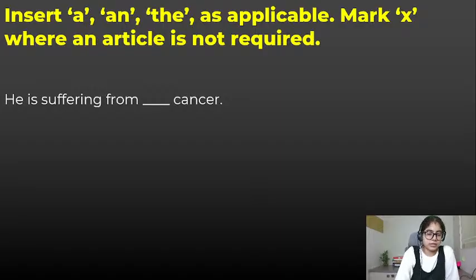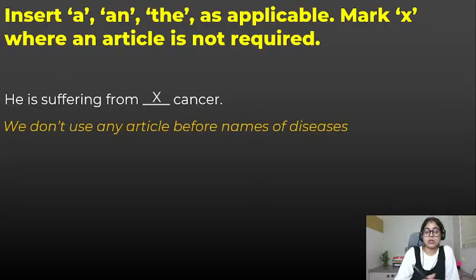I have the cancer, I have the diabetes, I have the influenza. Wrong. I have cancer, I have diabetes. So before names of diseases, you don't use an article.